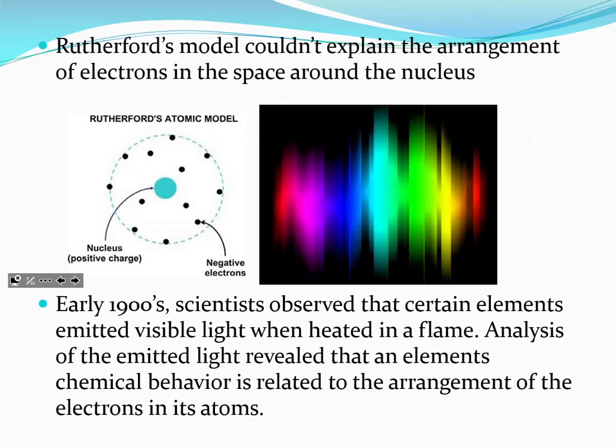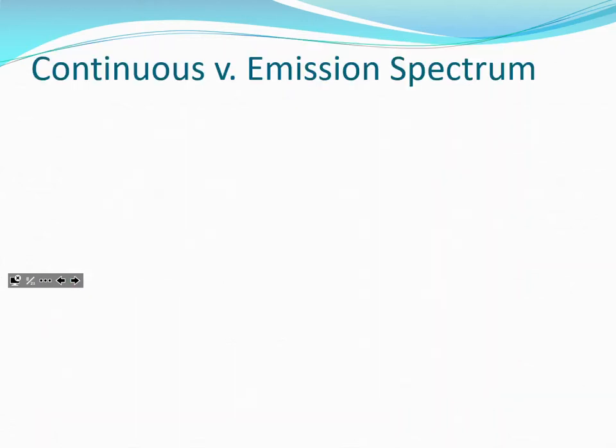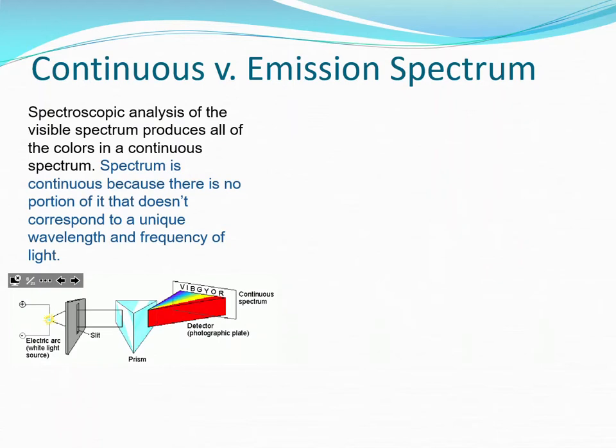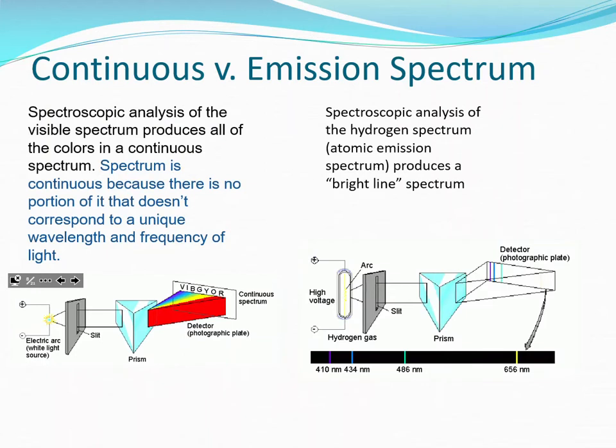Millikan, what you need to know about him, did this nice oil drop experiment. You can watch a video on it, but it's very complicated with electric fields and stuff. And you can see how he was able to calculate the mass of the electron. So, bringing you up to date, Rutherford, like I said before, they had started observing the fact that certain elements gave off certain colors in the flame tests.